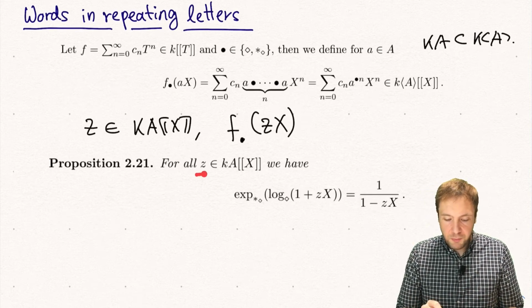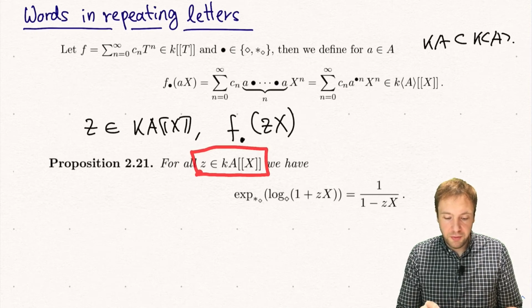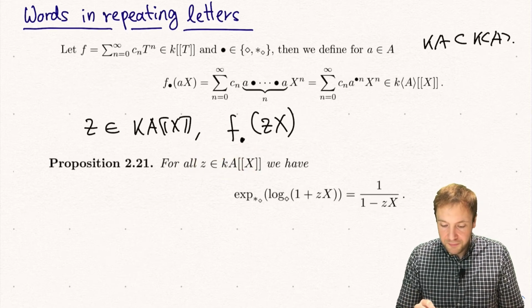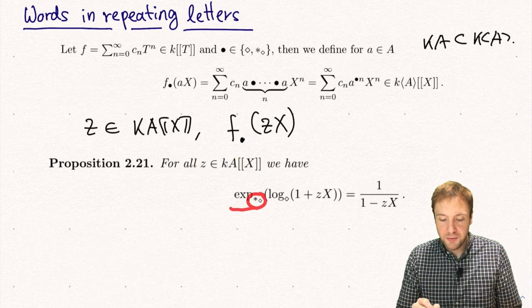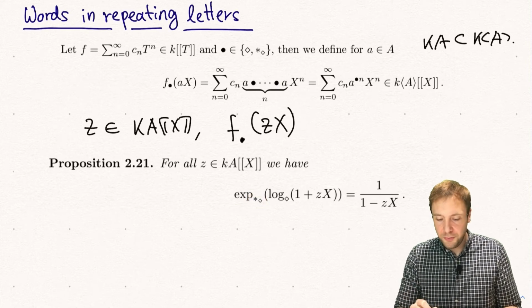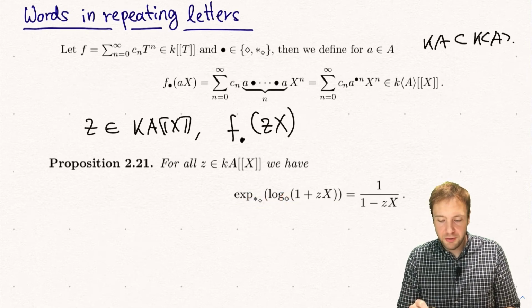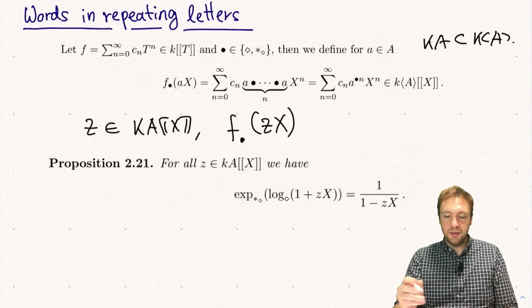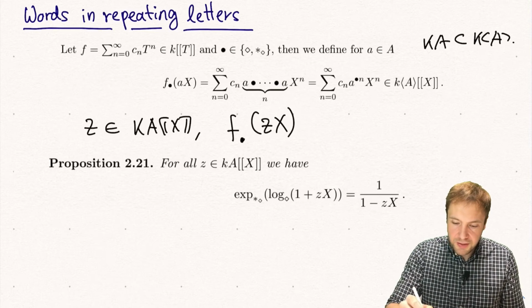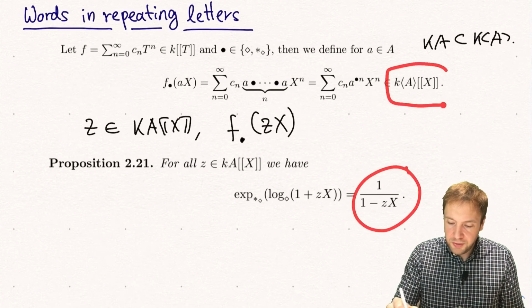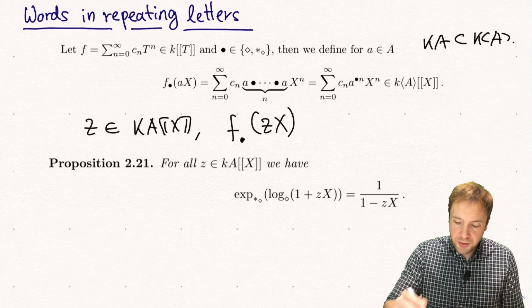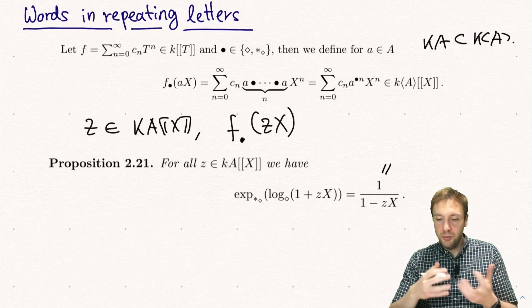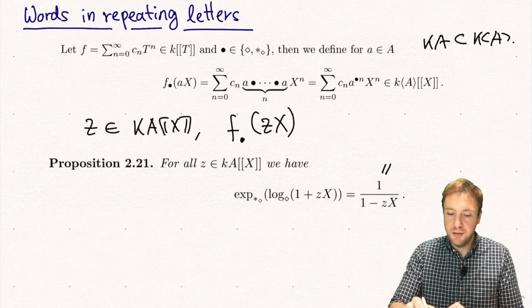But the statement is: if we start with a power series z x where the coefficients are letters, then the exponential with respect to the quasi-shuffle product of the logarithm with respect to the diamond product of 1 plus z x equals 1 over 1 minus z x. Viewed as an element here, this means we multiply using the usual non-commutative product in this polynomial ring.